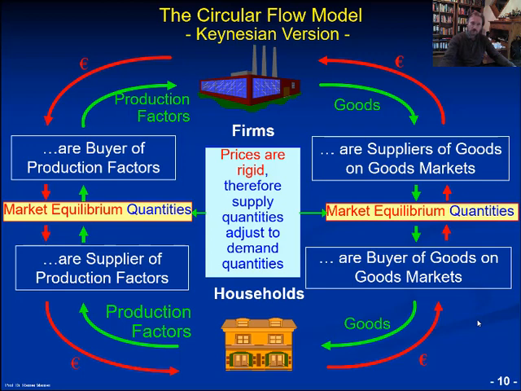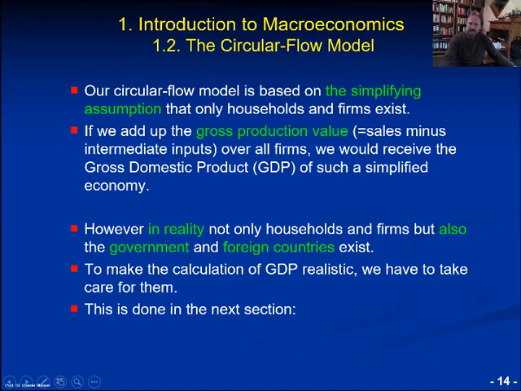Both versions of the circular flow model are of course quite simplified. Here we've made the simplifying assumption that only households and firms exist. Under this assumption, if we would add up the production value of all firms, we would receive the gross domestic product of this economy.